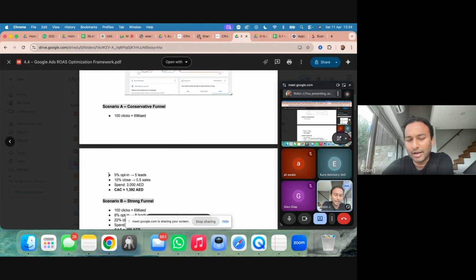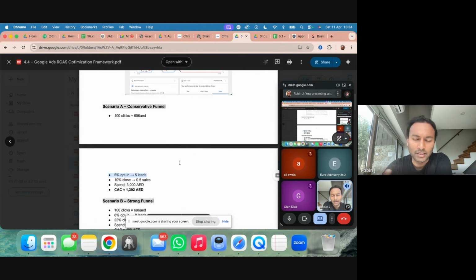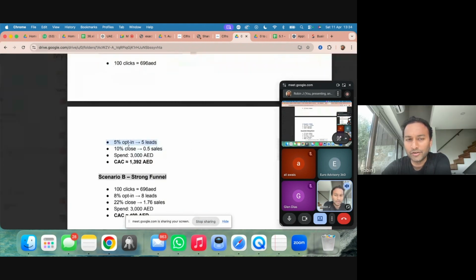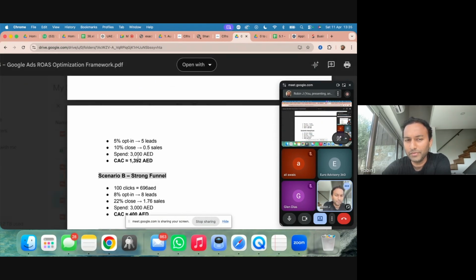Yes. So with a 5% opt-in, which means 100 people actually click the ad and go to the web page, 5% of them fill in the form. That means you get 5 leads for every 696 dirhams that you spend.